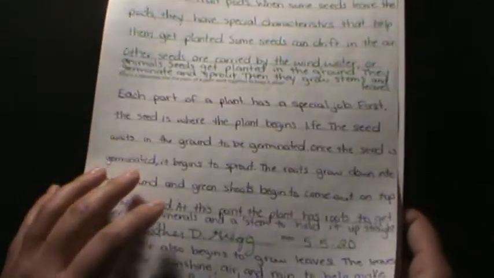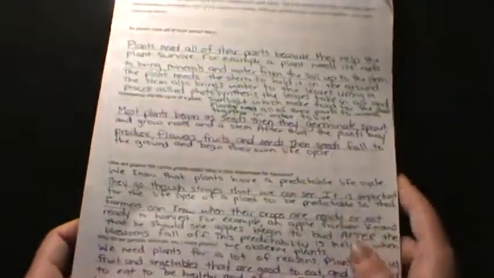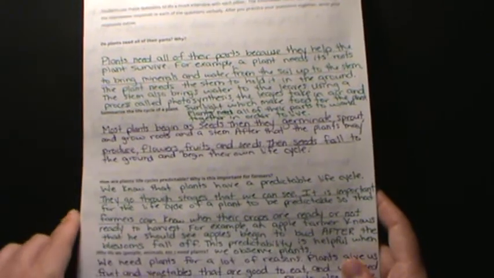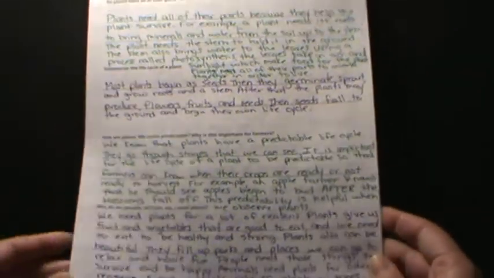After you complete that part of the application, the picture, label it, and answer the 2 questions, on the back you had an interview question practice. And there were 4 questions there that you needed to answer.